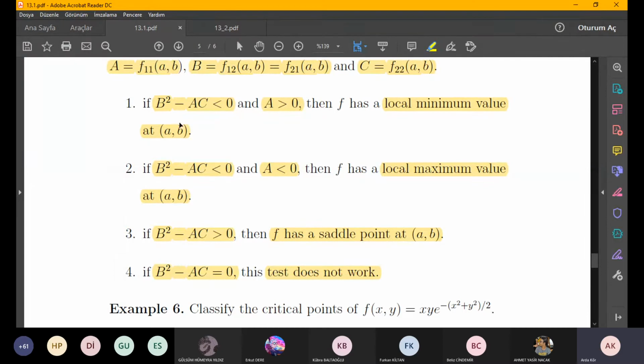Generally it is confused with B squared minus 4AC, which is the discriminant, so be careful that it is B squared minus A times C. Okay, so this is what I want you to remember.